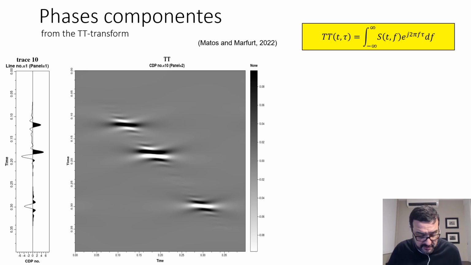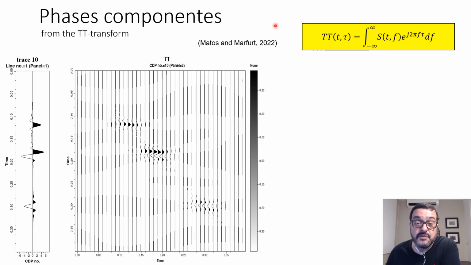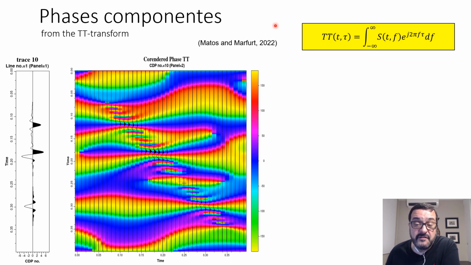Okay, let's plot over the TT transform, represented here by image and here by wiggles, the instantaneous phase of all the local wavelets. And how can we estimate the local wavelet phase or the phase response?